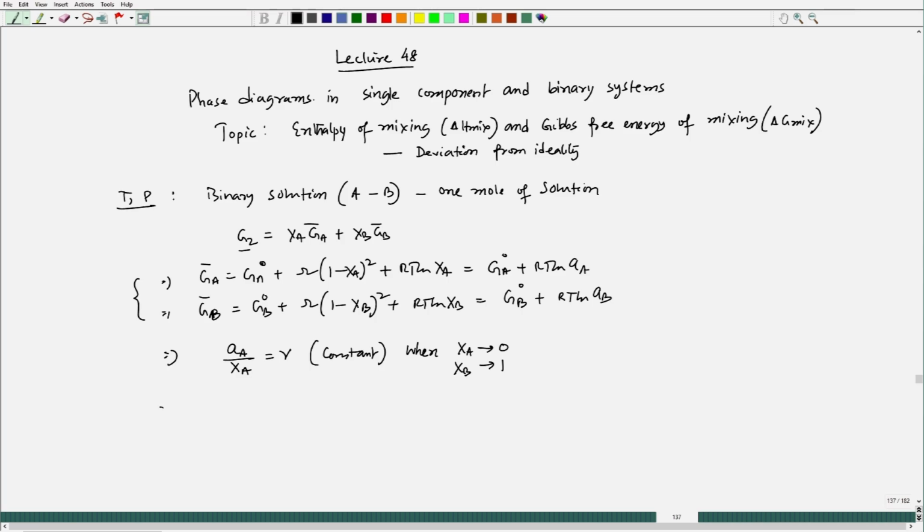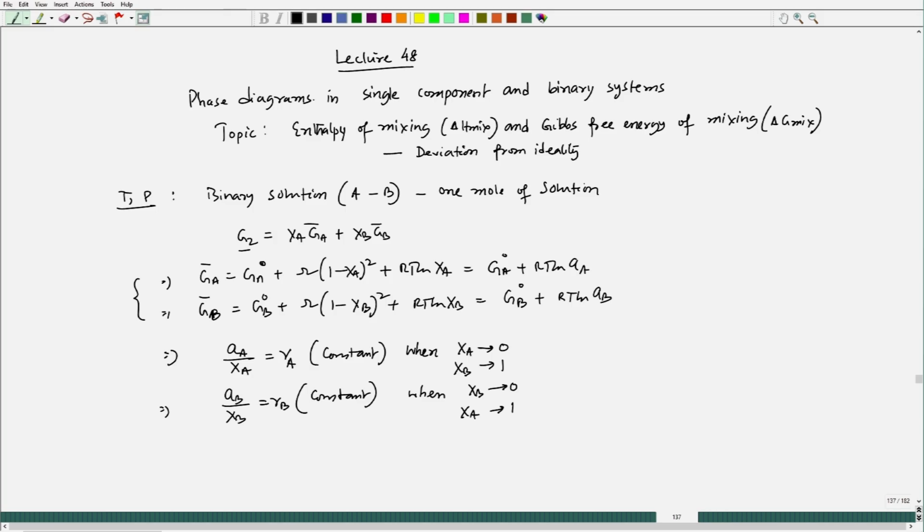In the other case, AB over XB equals gamma, which is also constant when XB tends to 0 and XA tends to 1.